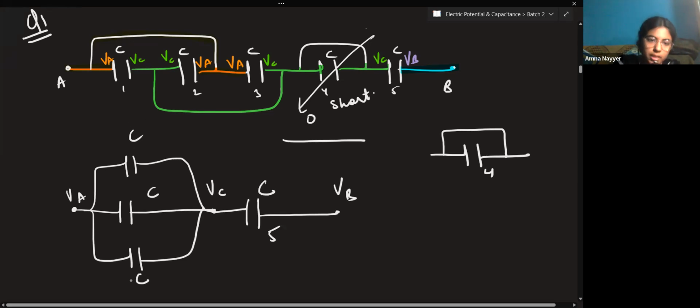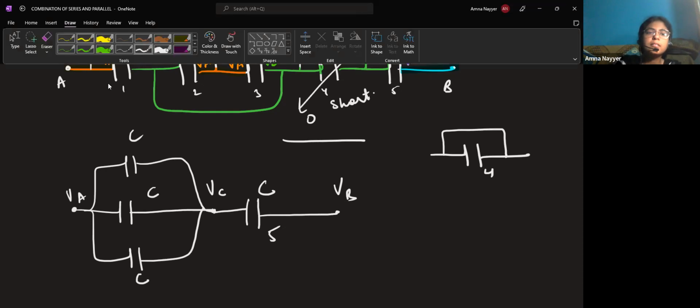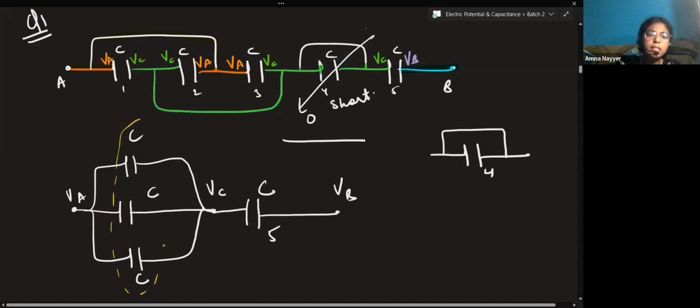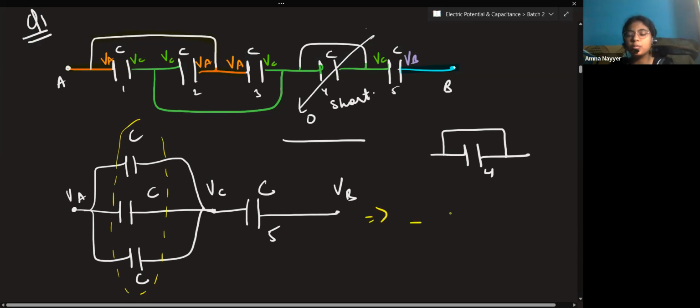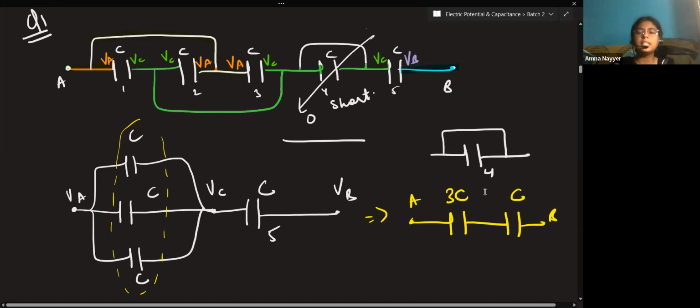Now if you see, in which manner are these connected? All these 3 are connected in parallel. So this can be reduced to a single capacitor of 3C capacitance, because C plus C plus C will give you 3C, with the additional C. So you have to find between A and B. So 3C and C are connected in series.